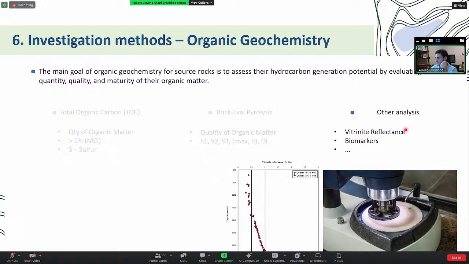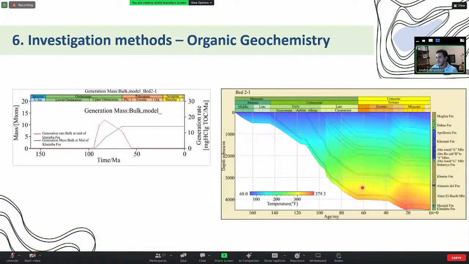It's a hard word to say in English, but basically it is an organic compound that you can measure in a microscope, and you put a light to pass through it and you measure the reflectance. And this again will help you to understand the maturity of the source rock, but this is mainly used for terrigenous organic matter.